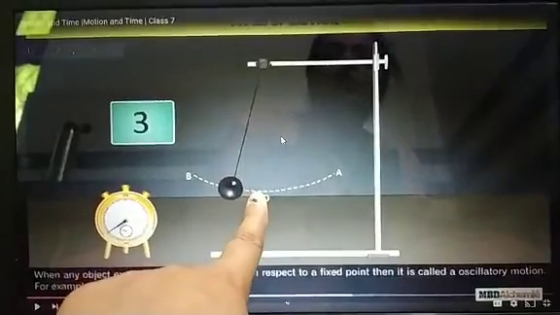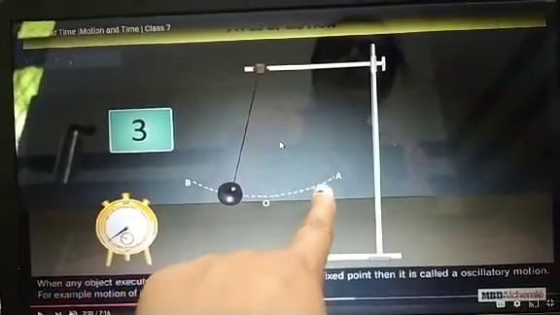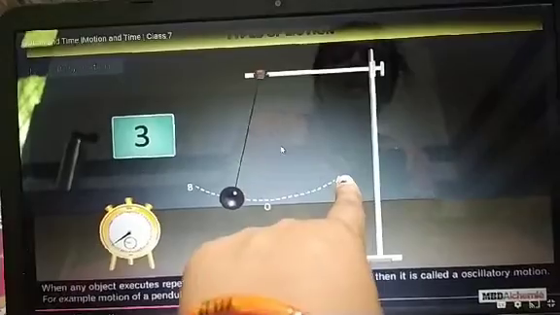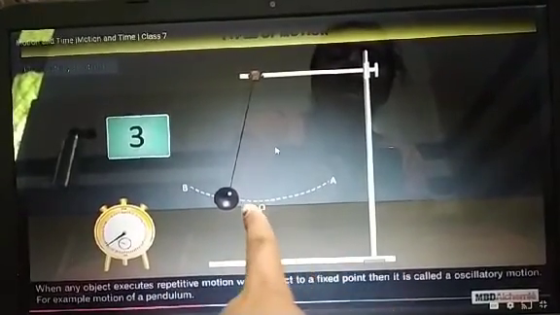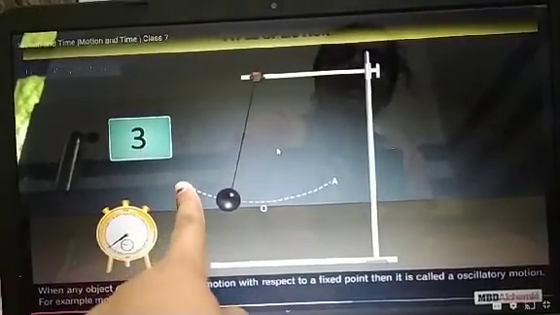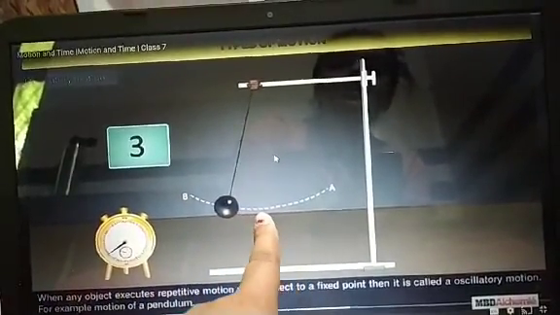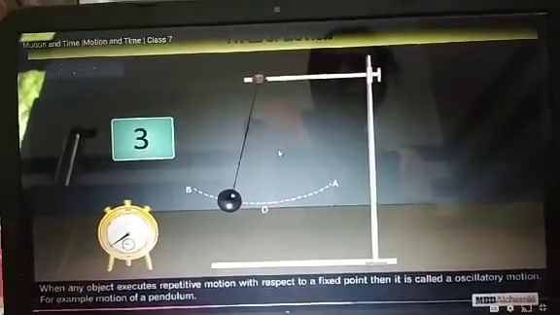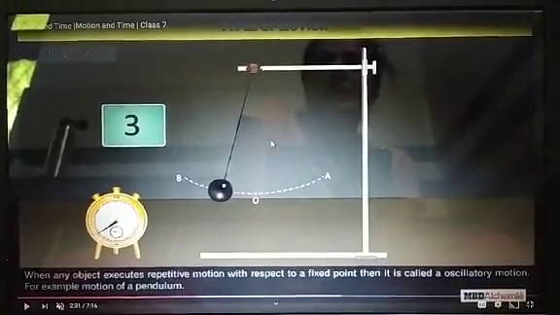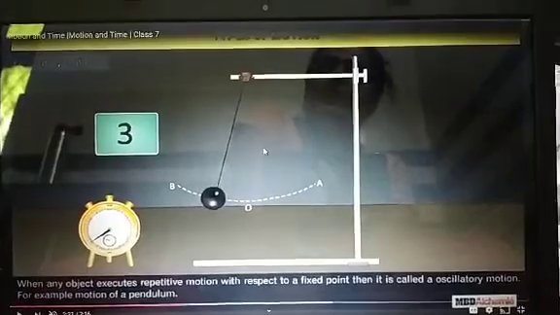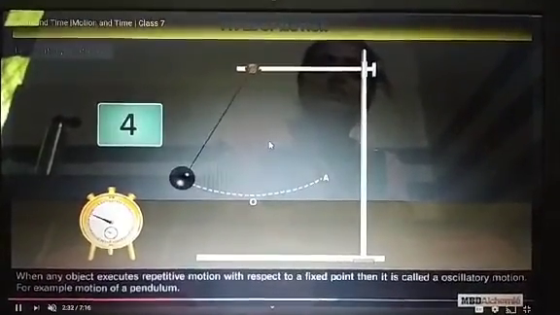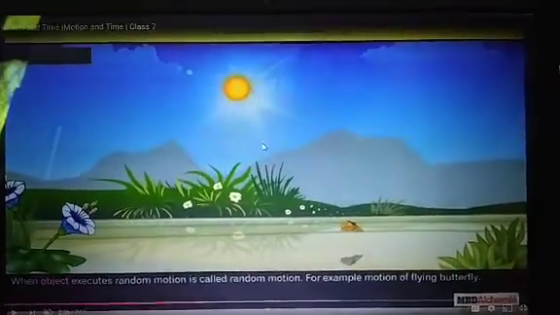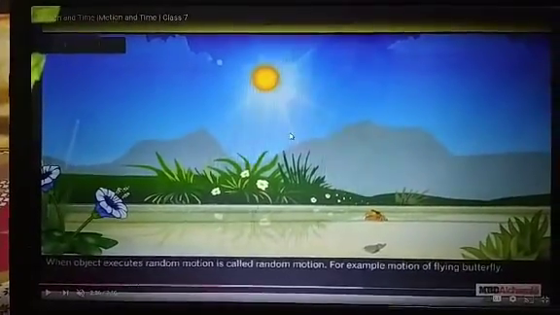When the bob moves towards one end, point A, comes back to its mean position, and then moves to the next end, and again comes back to its mean position, this complete motion is known as oscillatory motion, or you can say one complete oscillation.